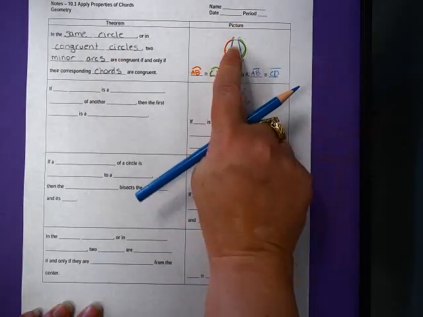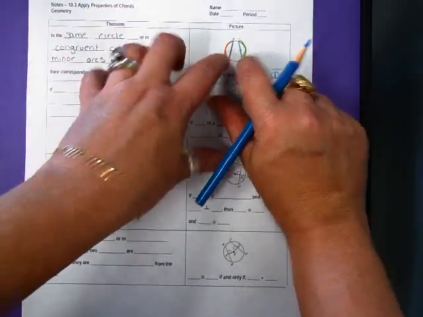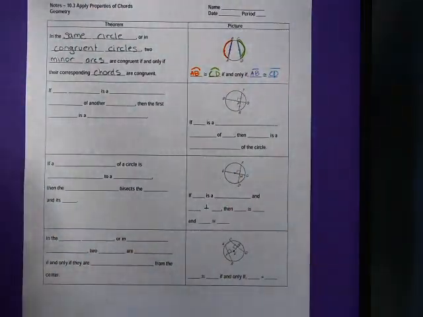And remember, this goes both ways. You can start off with the chords and get the arcs, or you can start off with the arcs to get the chords congruent. Alright, next.